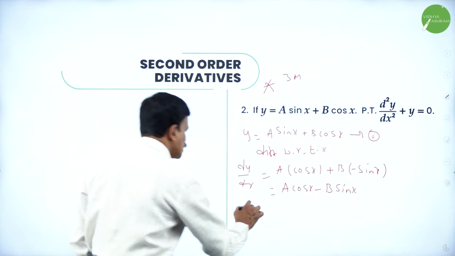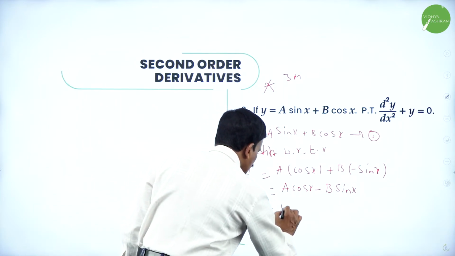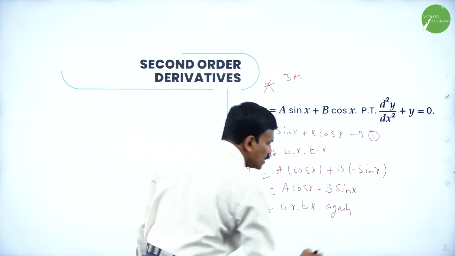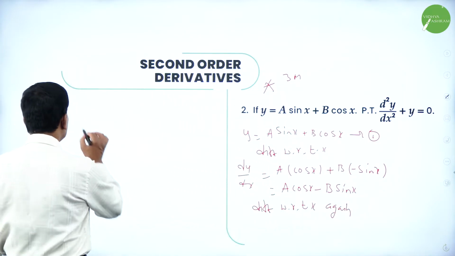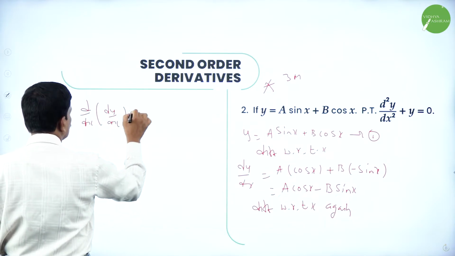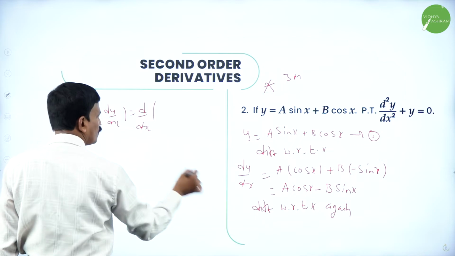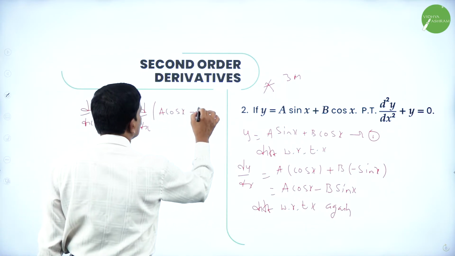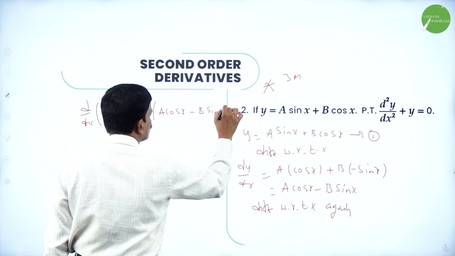If you differentiate this again with respect to x, on the left hand side what we will get? d by dx of dy by dx is equal to d by dx of a cos x minus b sin x, right?